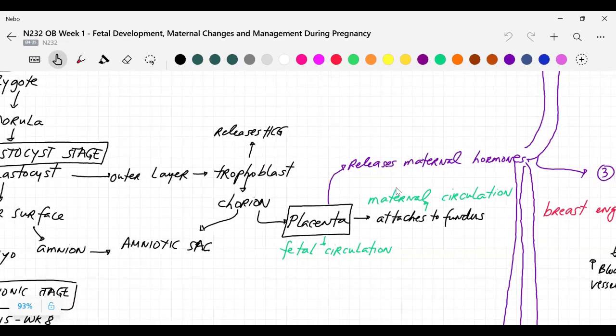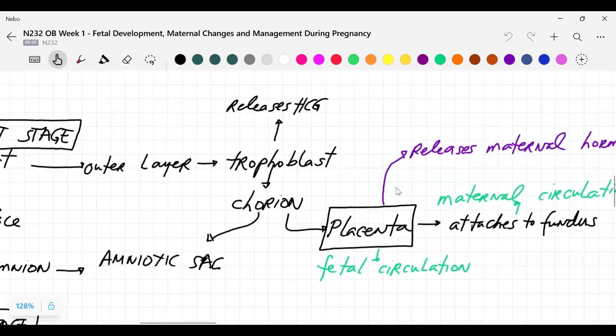Before the placenta matures, it's the trophoblast that releases HCG. HCG is human chorionic gonadotropin. Okay, human chorionic gonadotropin. So that hormone is the same hormone that we check in the blood to see if the patient is pregnant.